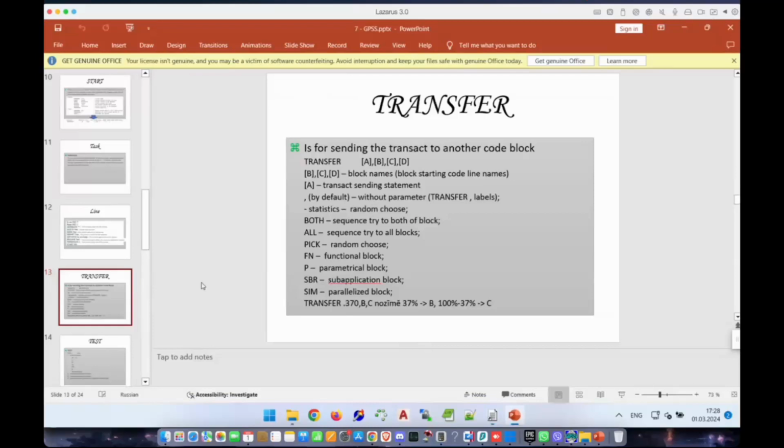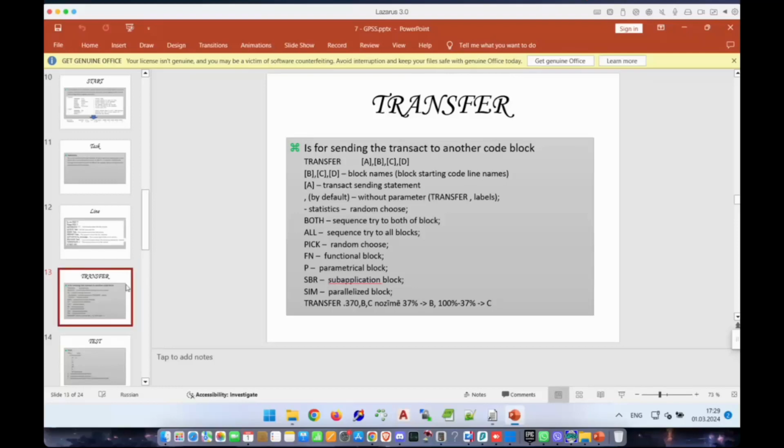The transfer command contains four parameters A, B, C, and D. Argument A gives us the opportunity to have a condition to pull the transact into one of the lines whose names can be placed in the B, C, and D parameters.